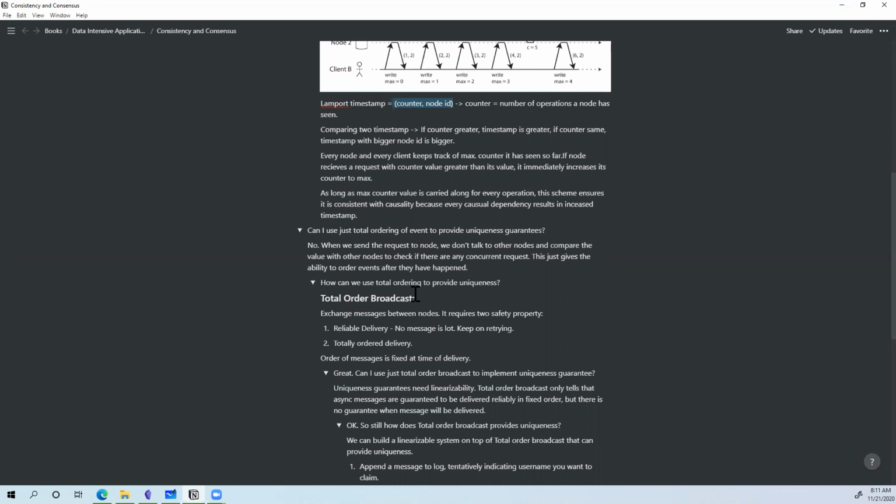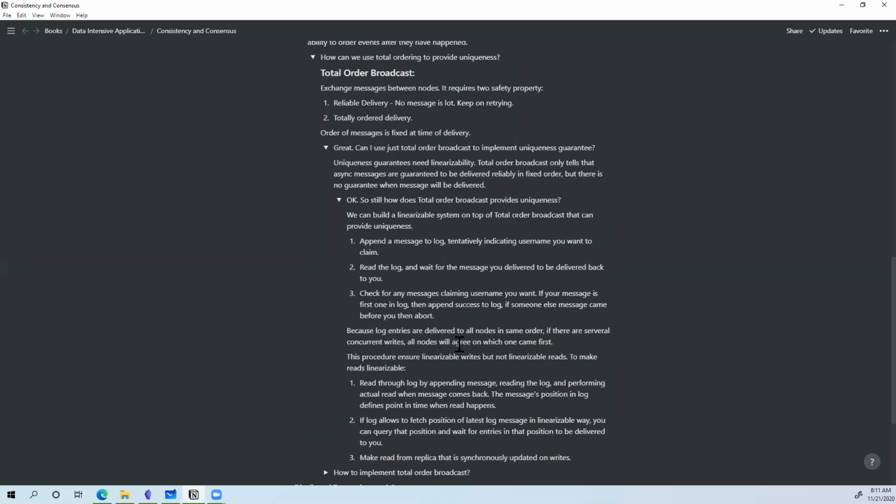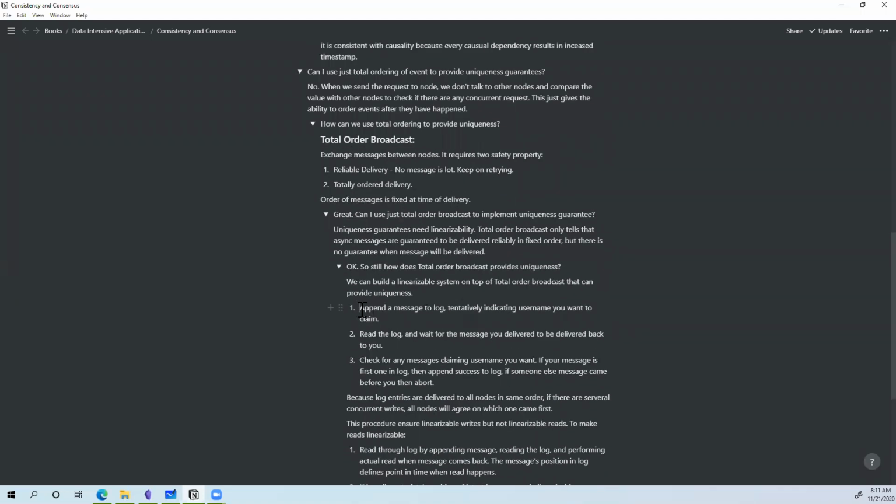So the algorithm is: append a message to the log indicating the username you want to claim, then read the log and wait for the message you sent to be delivered back to you. Check for any messages claiming the username you want. If your message is first in the log, then the append is successful.